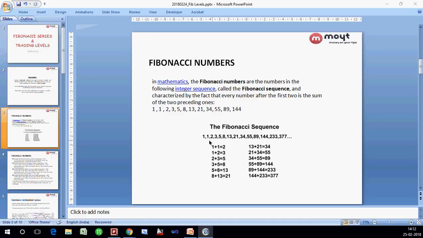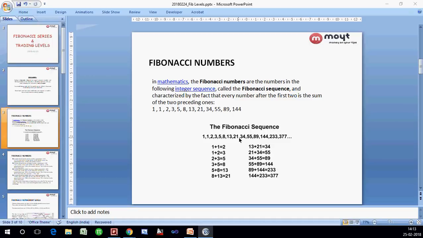Actually, what is special about this series is once you go to the higher levels of this Fibonacci sequence, any number, let's suppose 55, divided by a previous number, the ratio that comes out is a constant ratio. When you move ahead, 89 by 55, 144 by 89, this is a constant ratio. So this is the beauty of this Fibonacci series. Also, any number divided by the number two places before is also a constant.